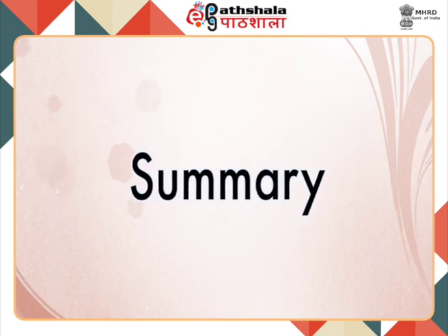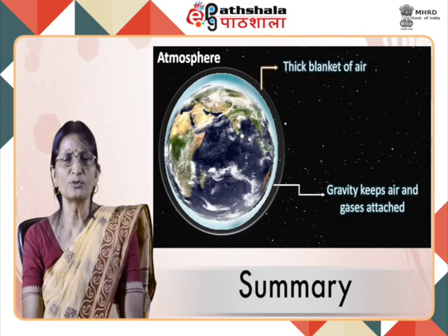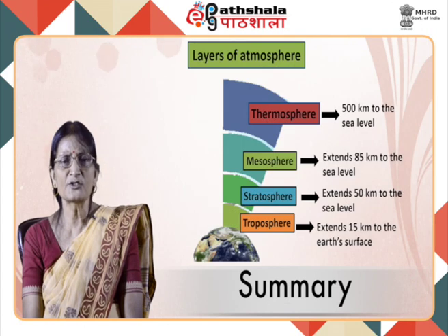So to summarize this unit, we've got to know that the atmosphere is the blanket of gases surrounding a planet, and in the case of the Earth, this blanket of gases is made up of air. Atmosphere is also a segment of the environment, and there are many layers in the atmosphere like troposphere, stratosphere, mesosphere and thermosphere.